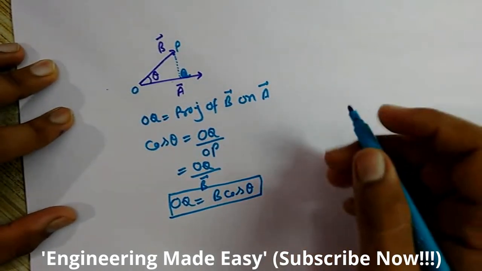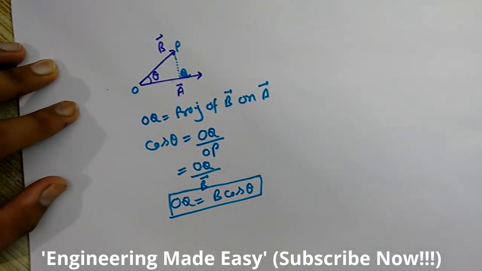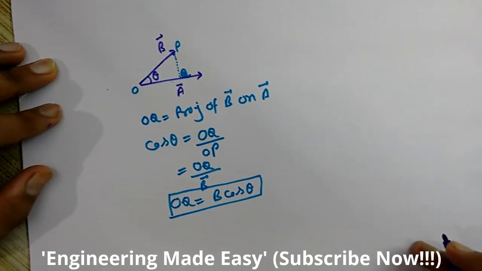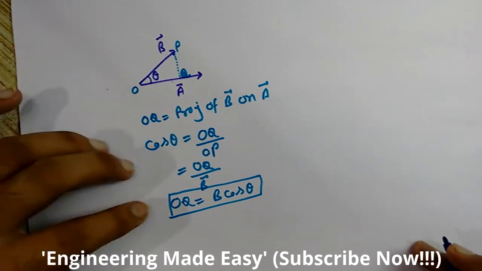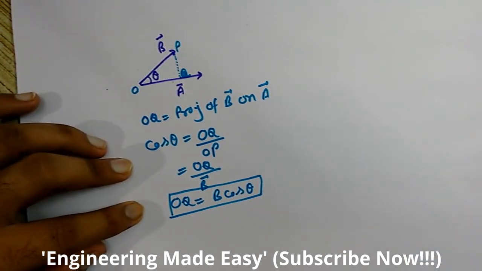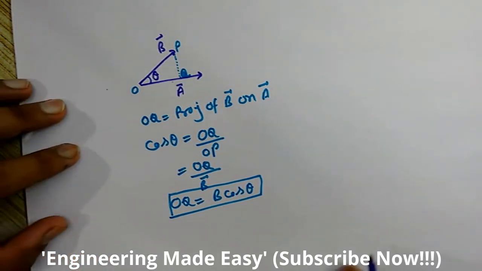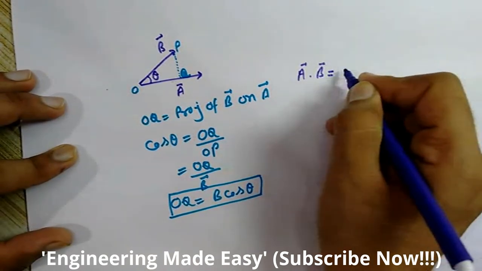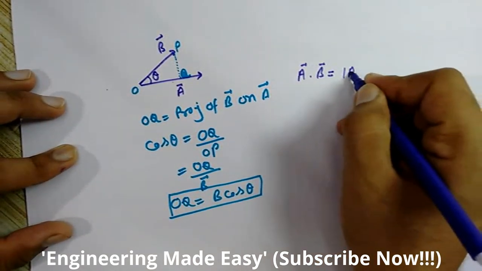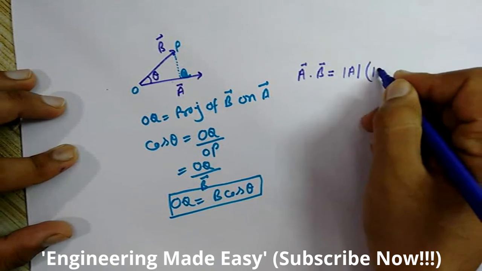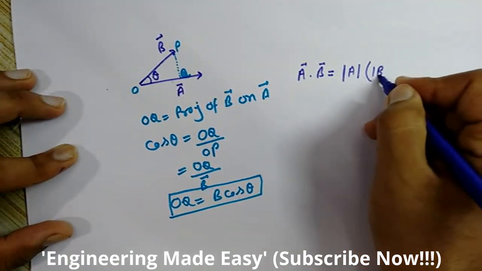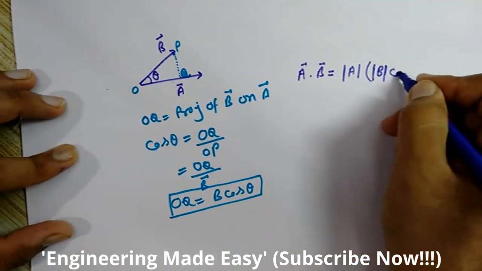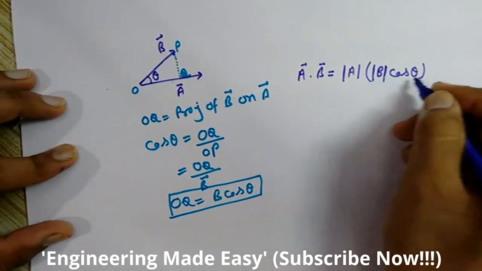As I have written, vector A dot vector B is the magnitude of A into the magnitude of B into cos theta.